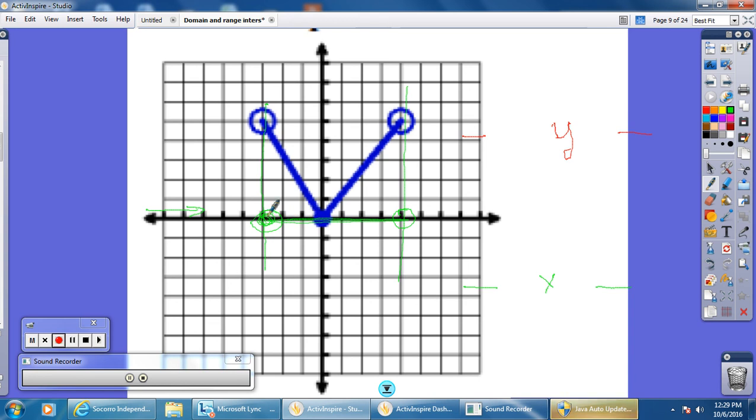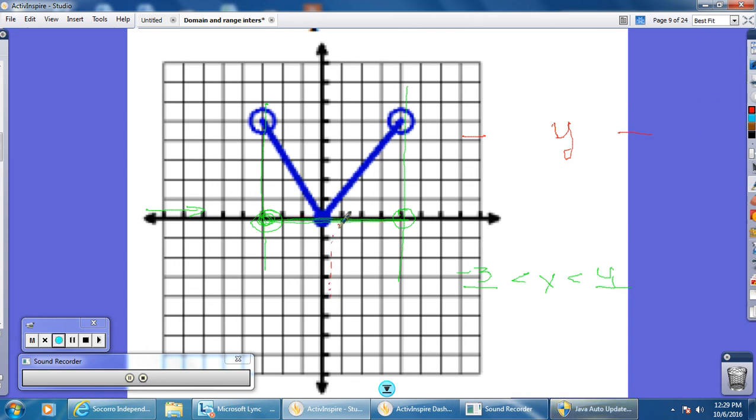That's -3 to 4, open circle. Then the range, if I'm coming up, here's the bottom, right on the y-axis, and if I keep going up, here's the top, open circle. So everything in between is my range. The lowest on the range is 0, and the highest 1, 2, 3, 4, 5. And those are open circles.